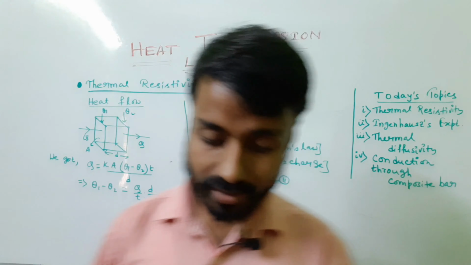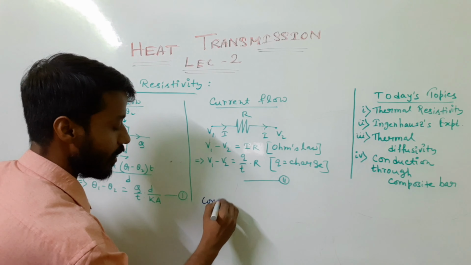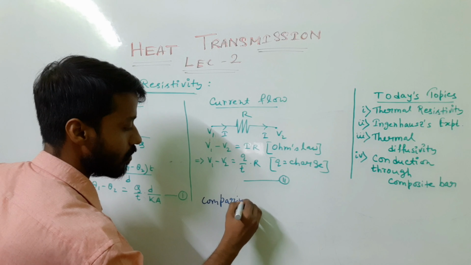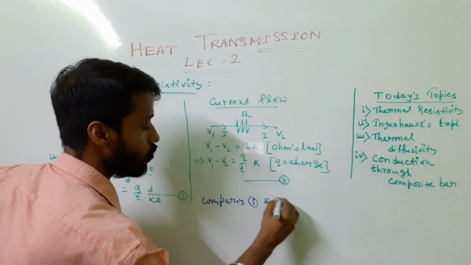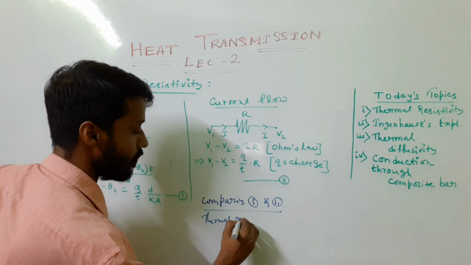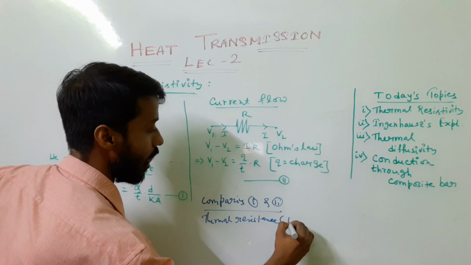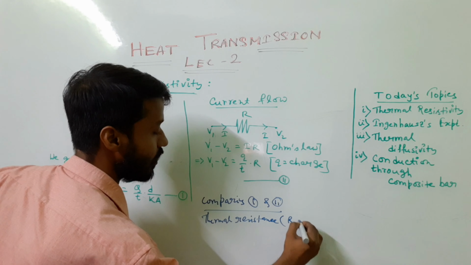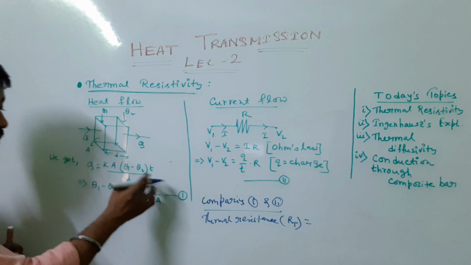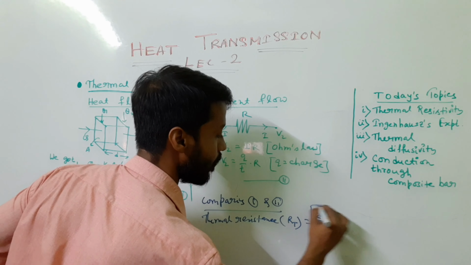So we can write, comparing 1 and 2, thermal resistance equals this term D by KA.